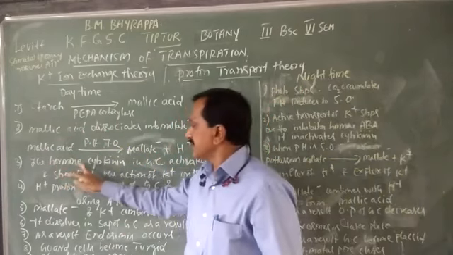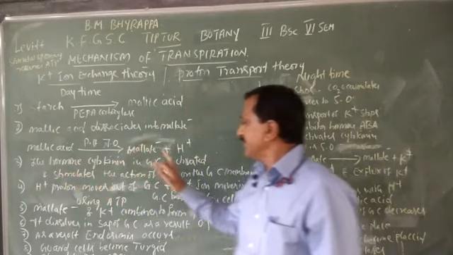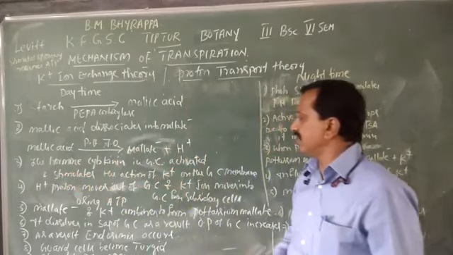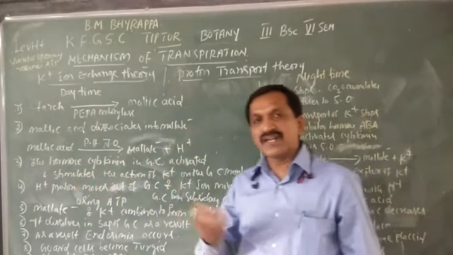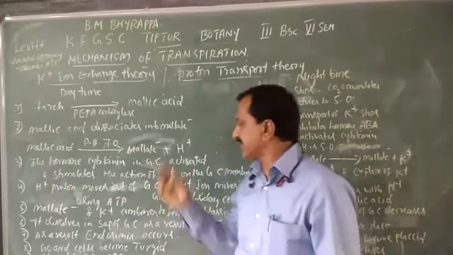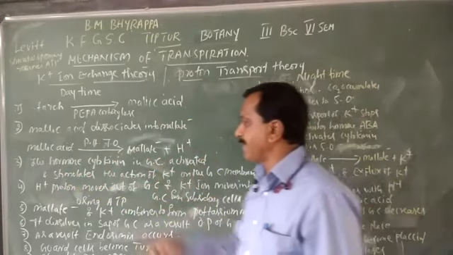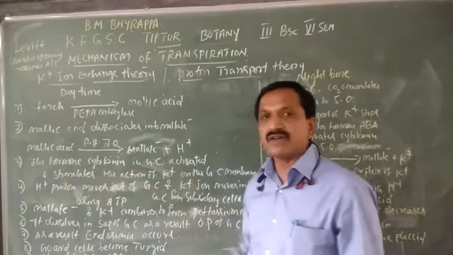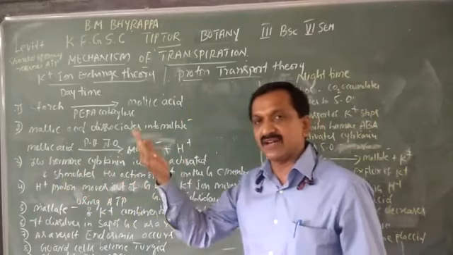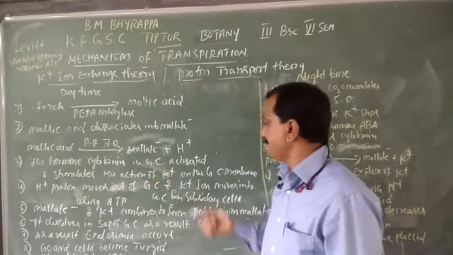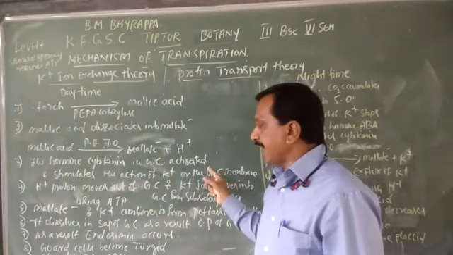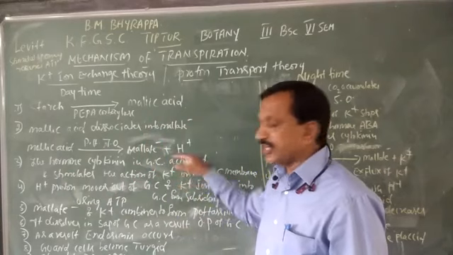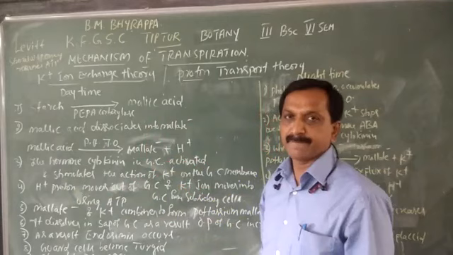The hormone cytokinin, which is present on the outer membrane of the guard cell, gets activated when the pH is more than 7, and stimulates the action of the K plus ions which are present outside the guard cells and pushes the K plus ions into the guard cell.